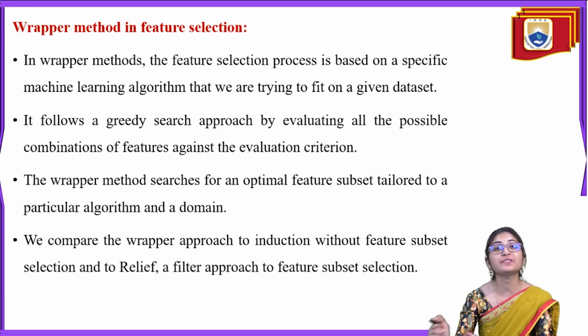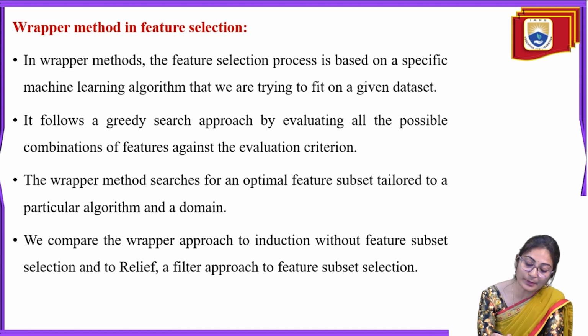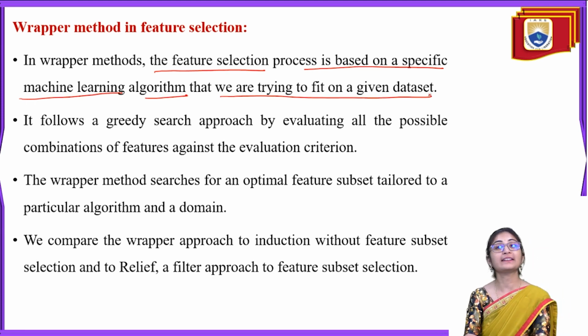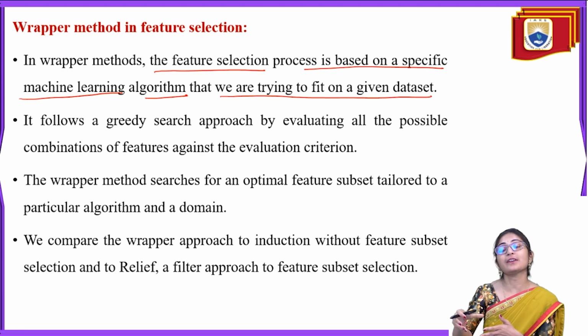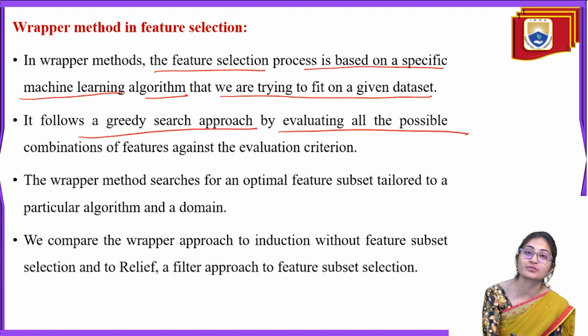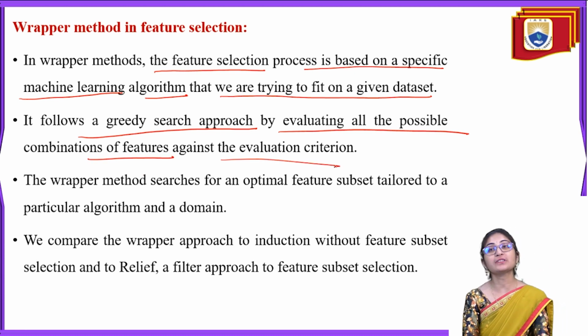Now the wrapper method in feature selection. In the wrapper method, the feature selection process is based on a specific machine learning algorithm that we are trying to fit on a given data set. It follows a greedy search approach by evaluating all the possible combinations of features against the evaluation criterion.